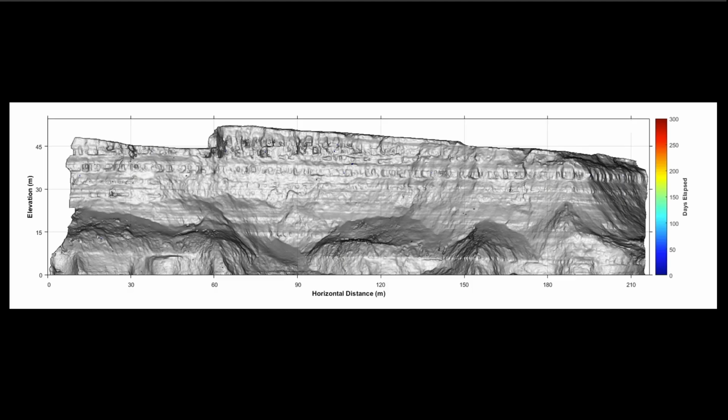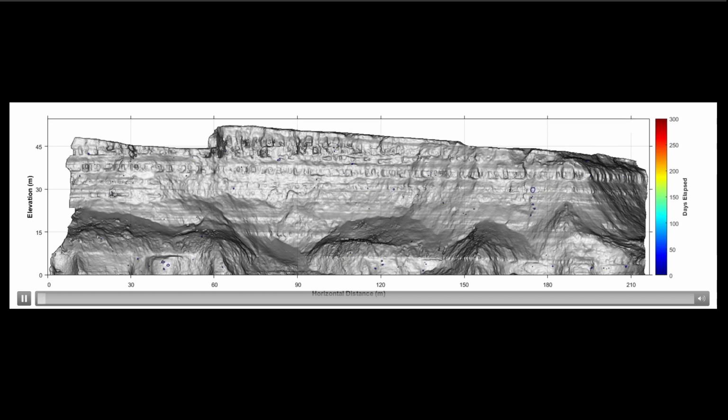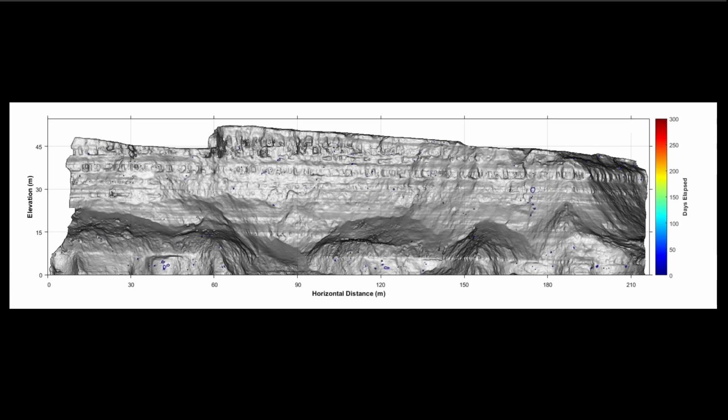This is a view of what the kind of data we're generating looks like. This is a video showing a 9-month period going from March through to December. Each of the coloured areas is a rock fall that has been monitored falling from the cliff. They range from things the size of a coffee cup and upwards, and the colour indicates the days since the start of this monitoring campaign. What you notice is there are some interesting patterns.